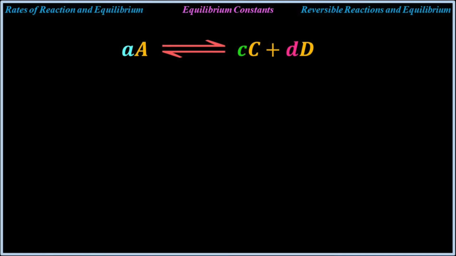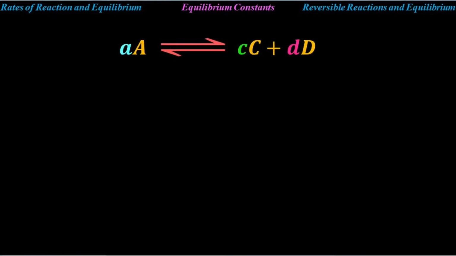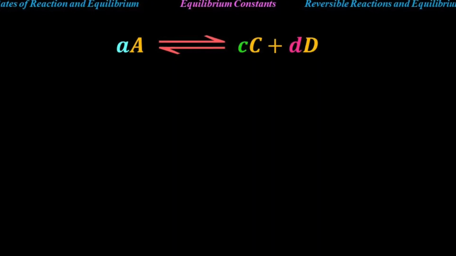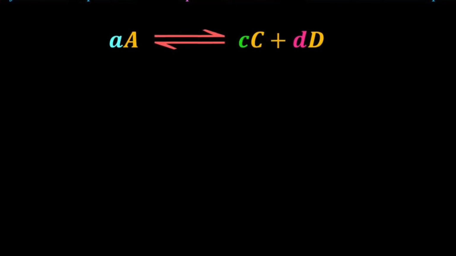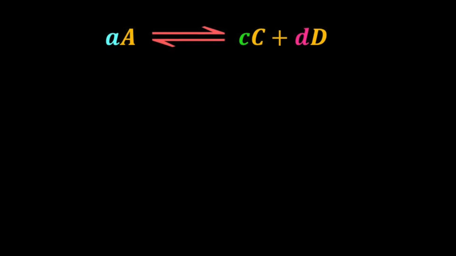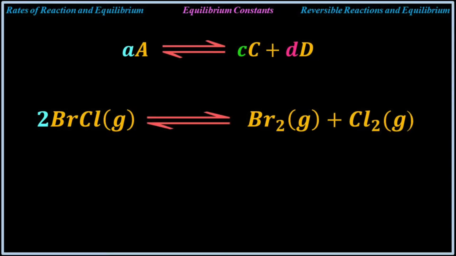So here we have A moles of the capital A substance yields C moles of C substance and D moles of D substance, all in equilibrium. And so you have 2 moles of bromine chloride yields bromine gas and chlorine gas, 1 mole each.